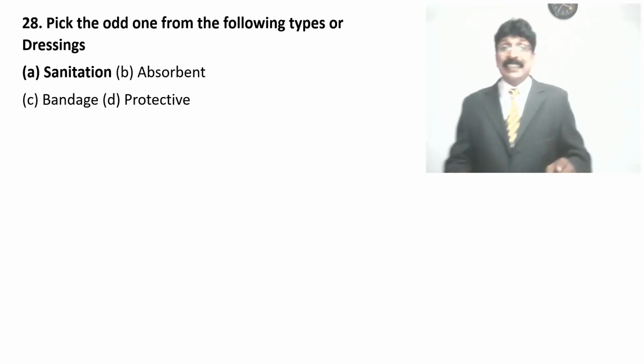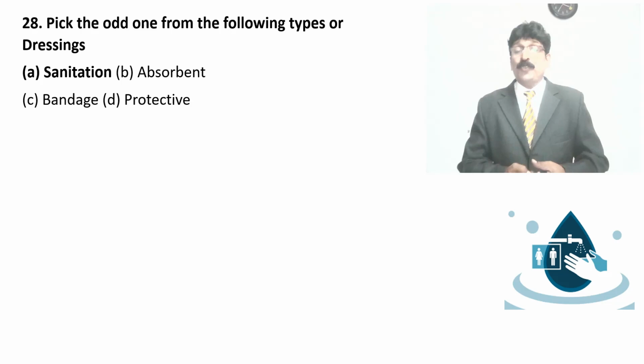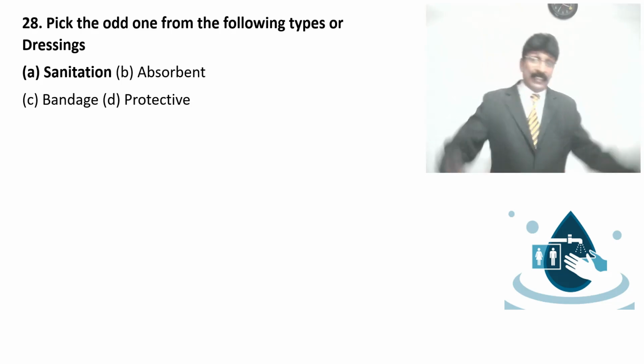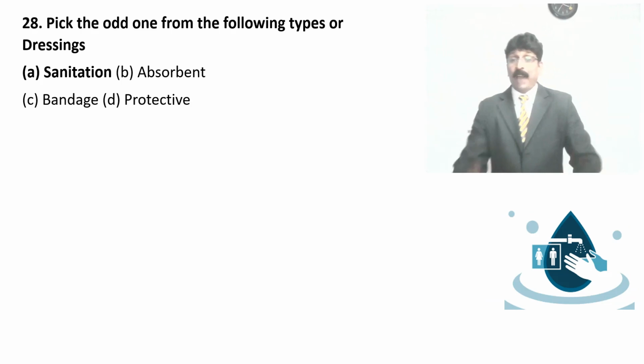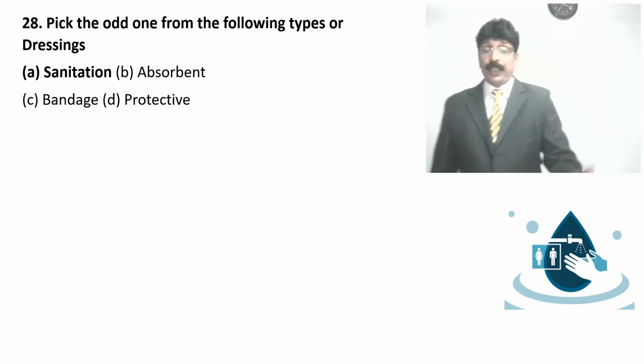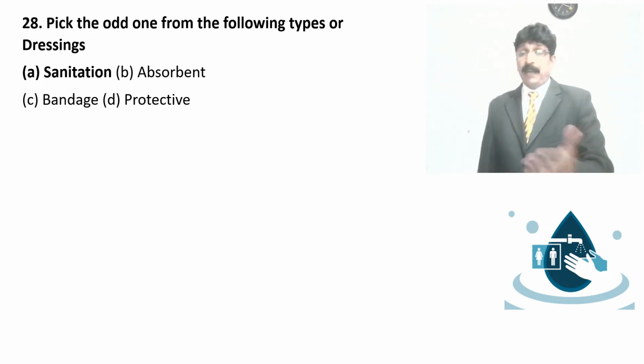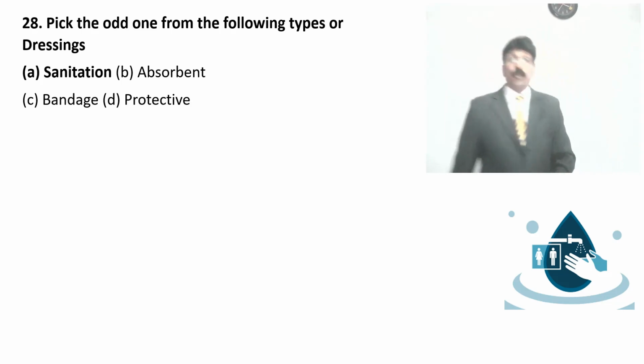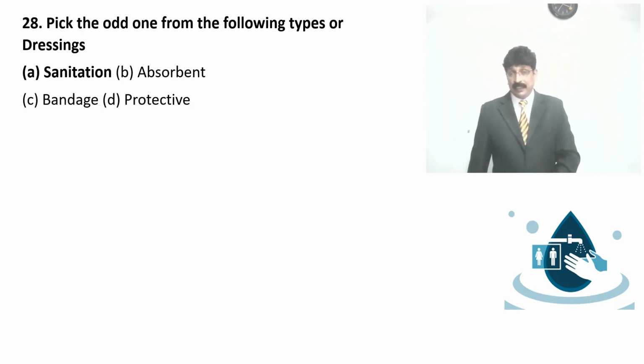Sanitation is, for example, washing your hands. Sanitation is an important thing, and sanitizer started being used widely only after Corona. After December 2019, many people got a lot of business producing sanitation liquids and sanitation sprays, and many things are available.